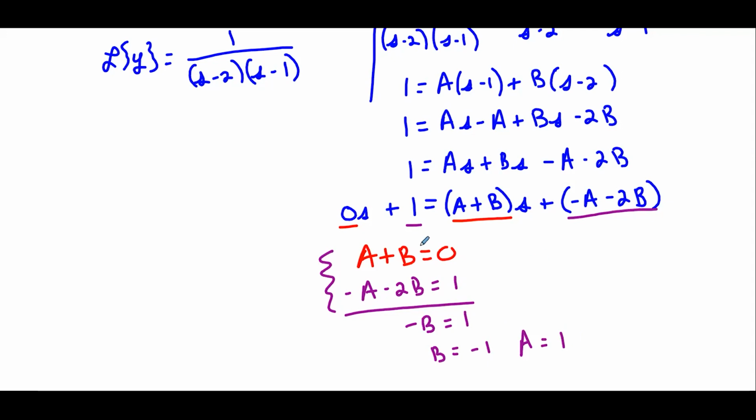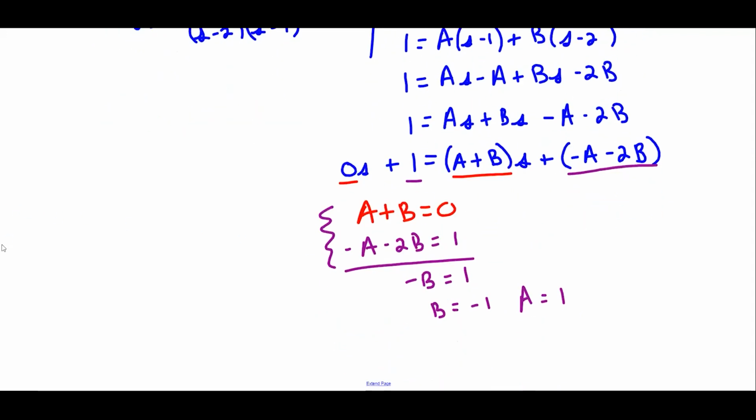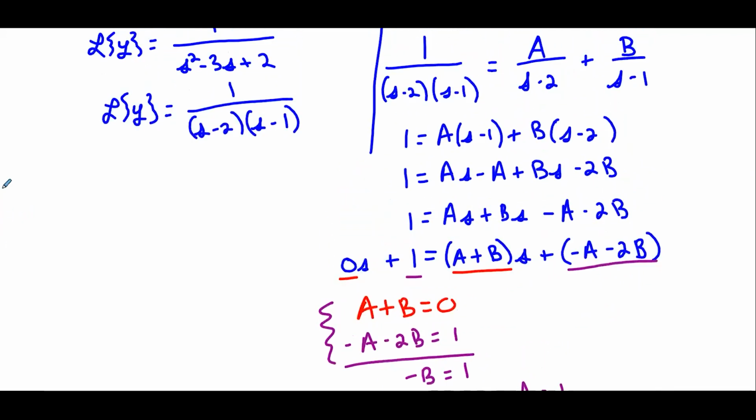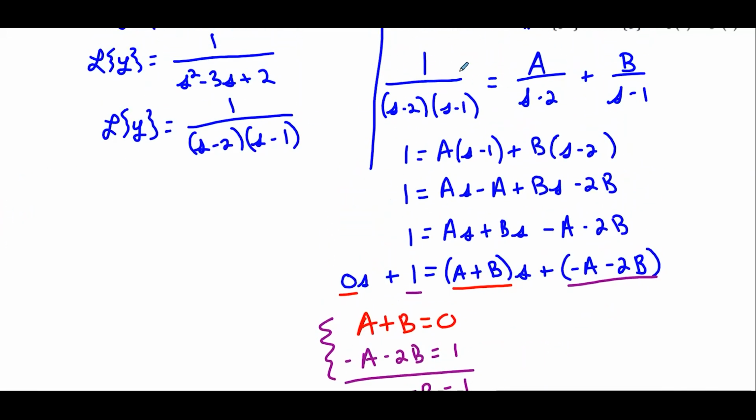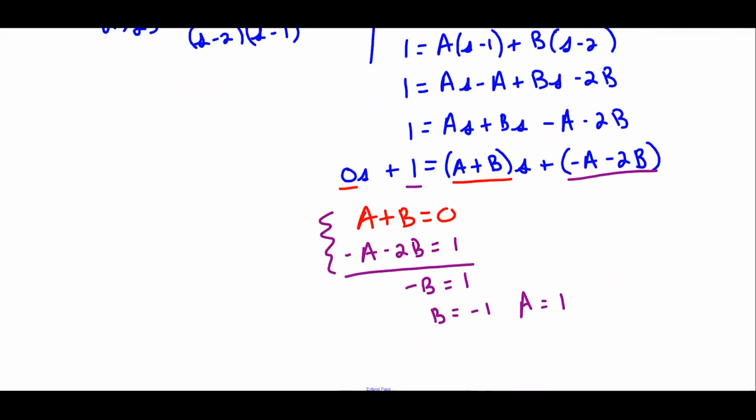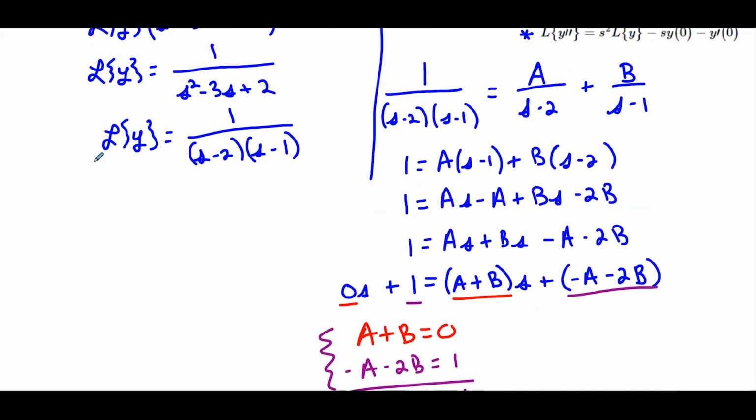So now they add up to be 0. All right, so I know that this expression, 1 over s minus 2, s minus 1, is equal to 1 over s minus 2 plus negative 1 over s minus 1. So A is 1 and B is negative 1.